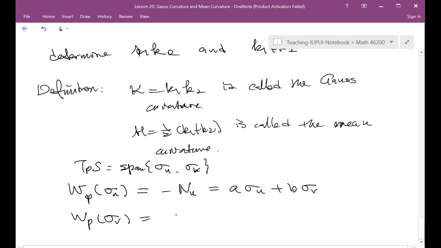Then you determine the matrix. So W(sigma U) equals A sigma U plus B sigma V, and W(sigma V) equals C sigma U plus D sigma V.